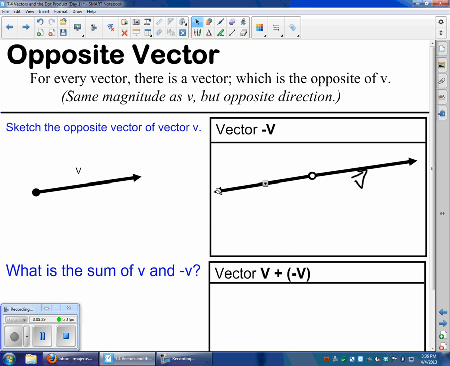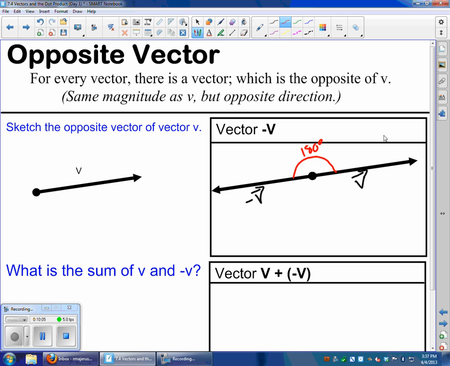It should still be the same length, but pointed exactly opposite. And if that's the case, we usually call this negative vector V. The key important feature here is, we can probably guess what angle is formed between those two. It actually forms a straight angle, 180 degrees.